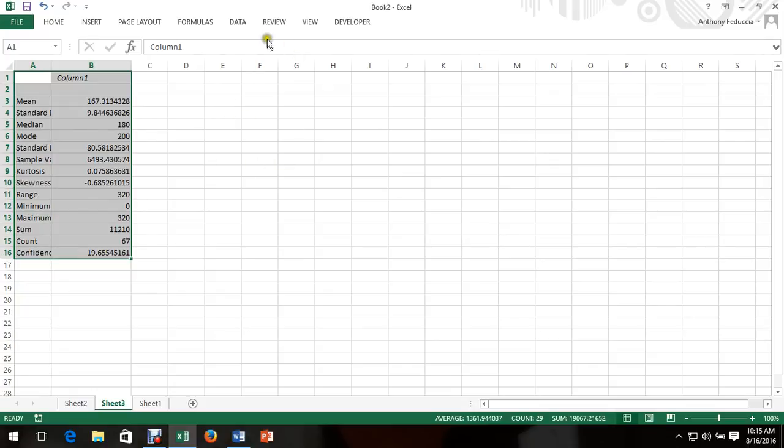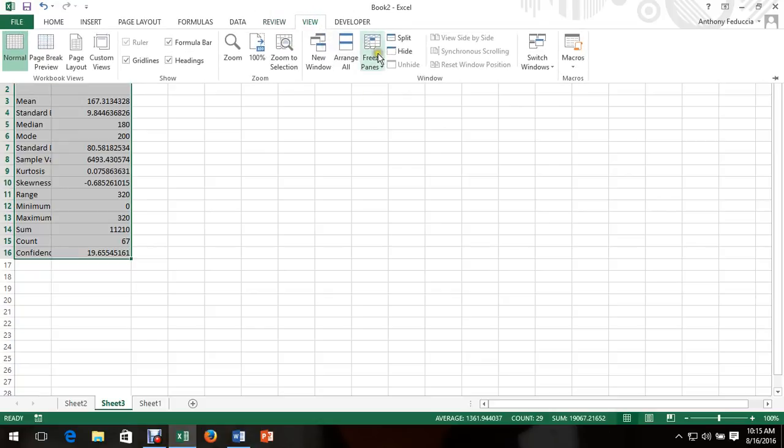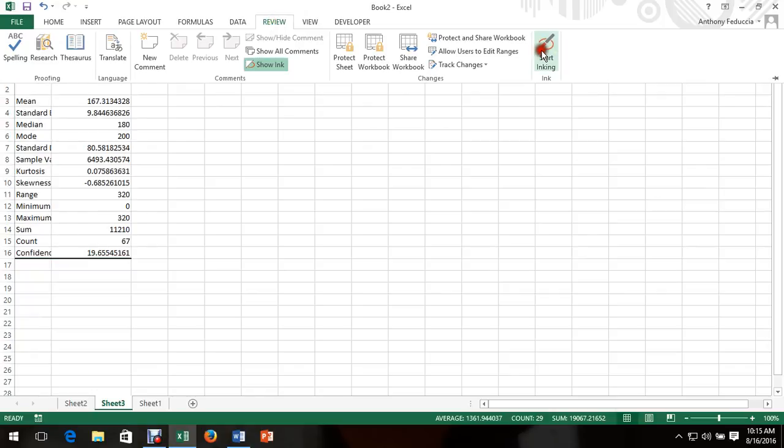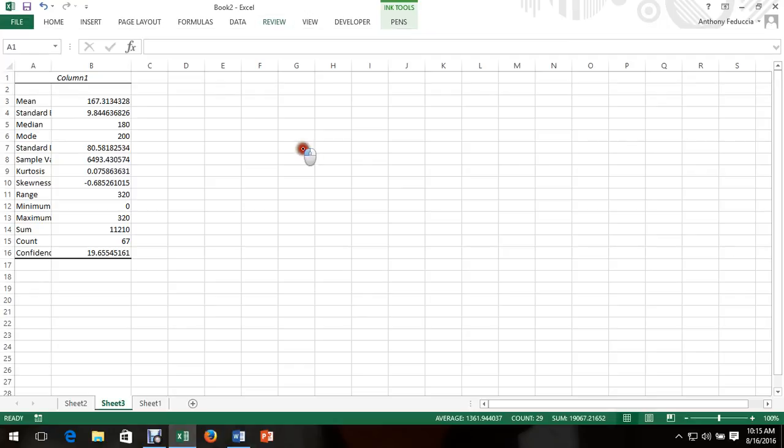Our error term here is 19.655, and that's what we are going to add to and subtract from the sample mean. Remember, I said x bar plus or minus the error term. And the error term here is 19.655.